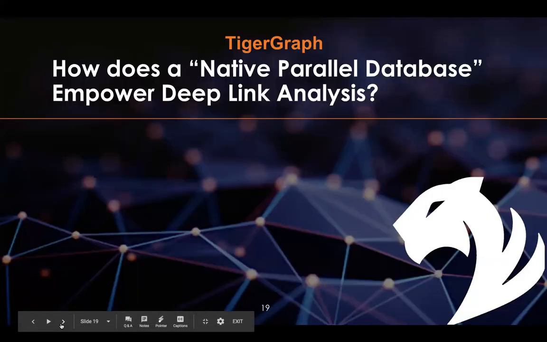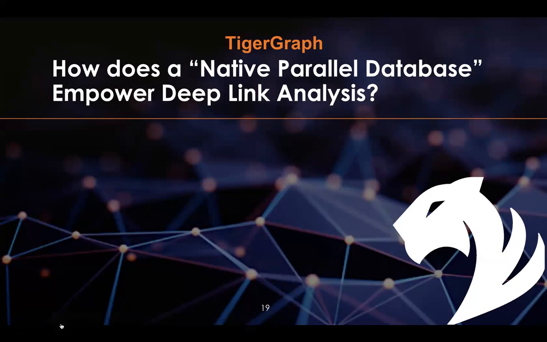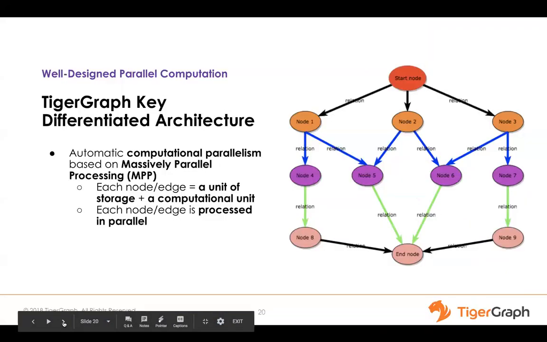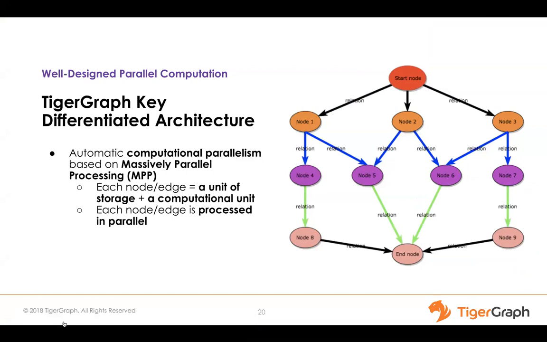Okay, then you might have a question: how does a native parallel database empower deep link analysis? TigerGraph is the first and only native parallel graph database. We have designed it from the ground up to handle such computation, compared to previous generation graph databases.